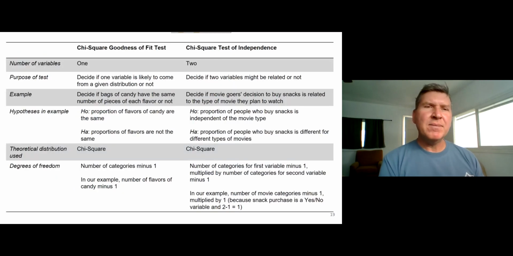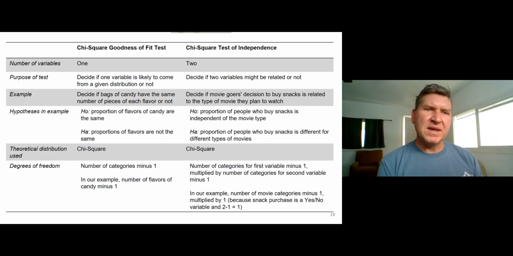Here's a table that talks about 2 different chi-squared tests. We often hear about the goodness of fit test, but there's also a test of independence, which we saw. With a goodness of fit, there's just one variable. You're deciding whether that one variable is likely to come from a given distribution or not.